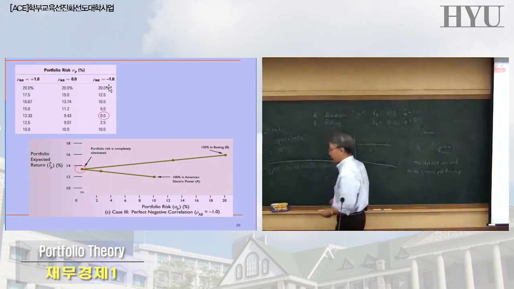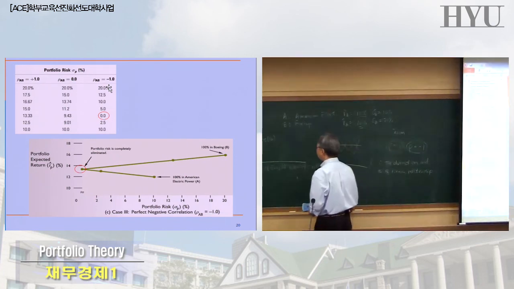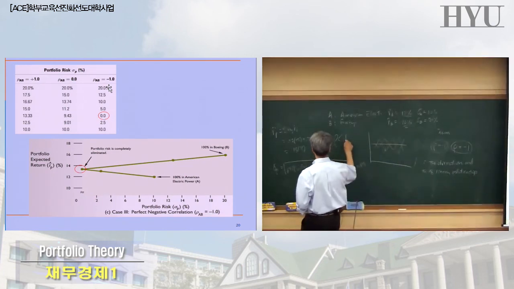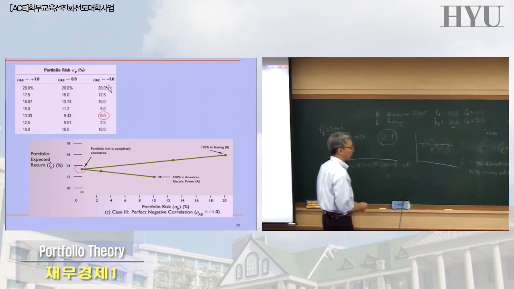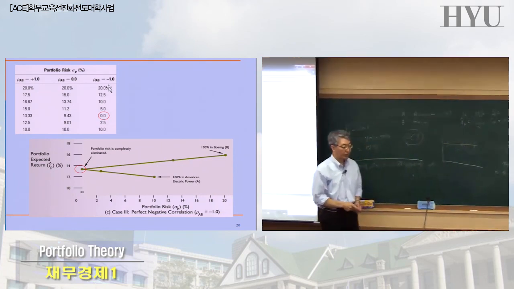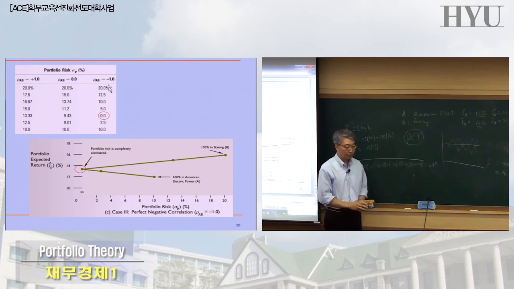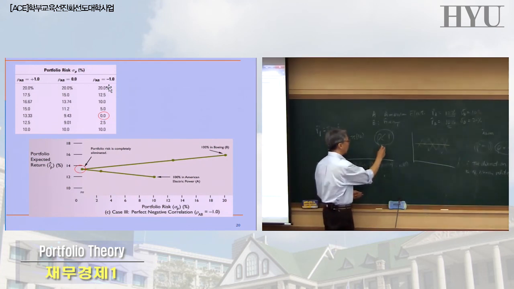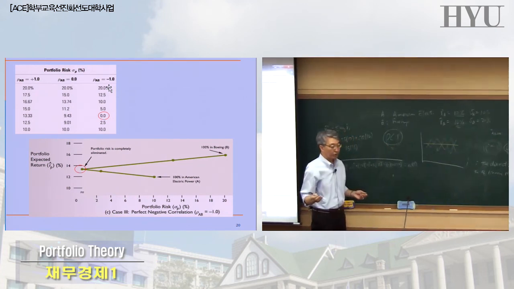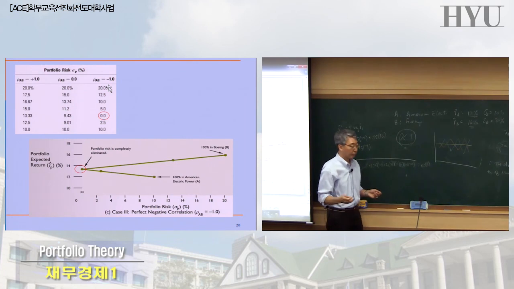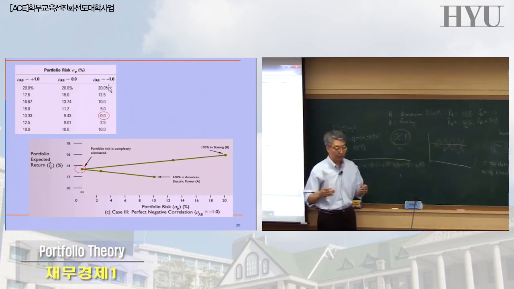But the important thing is, as long as rho is less than 1, you achieve some risk reduction. If rho happens to be exactly 1, then there is absolutely no risk reduction, because again, A and B are changing absolutely together.